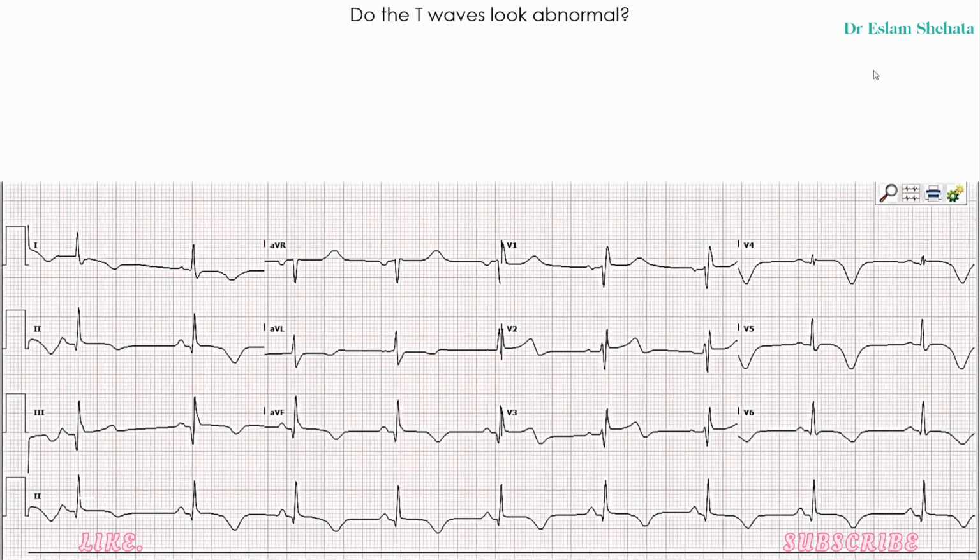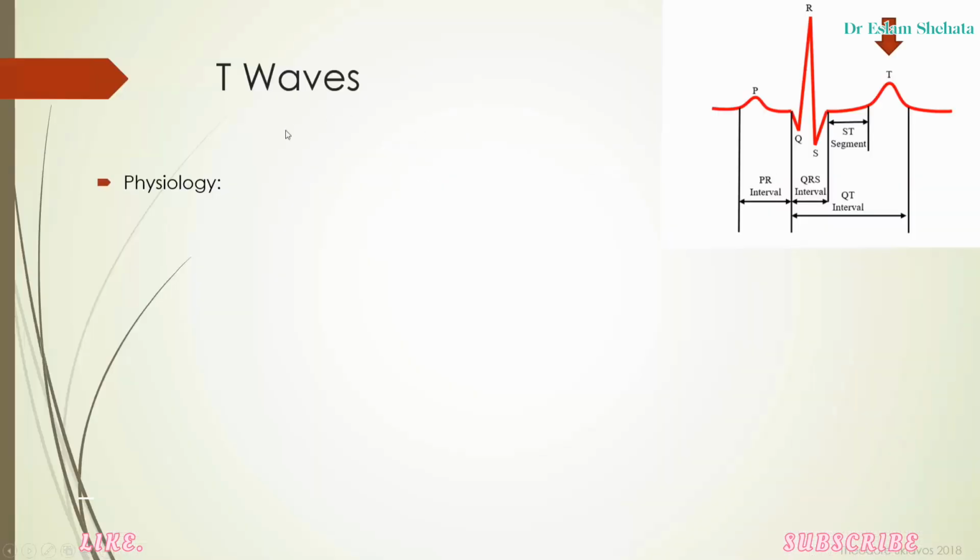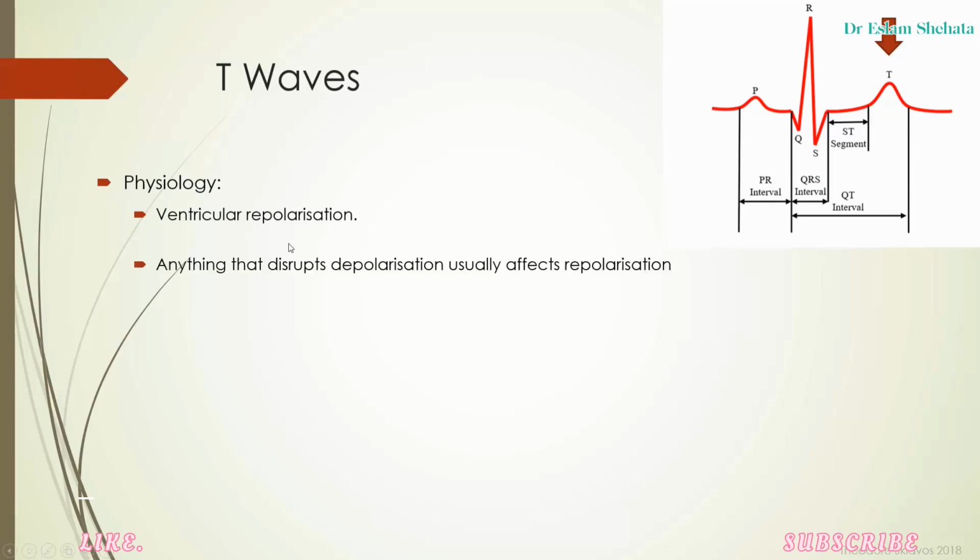Alright, after the ST segment comes the T wave. So, are the T waves abnormal? Once again, we're going to briefly talk about the physiology. T waves, as you know, are the repolarization of the ventricles. Now, I should mention, anything that disrupts depolarization usually disrupts repolarization.